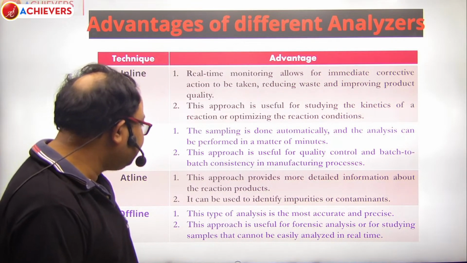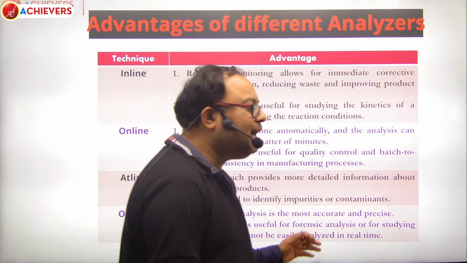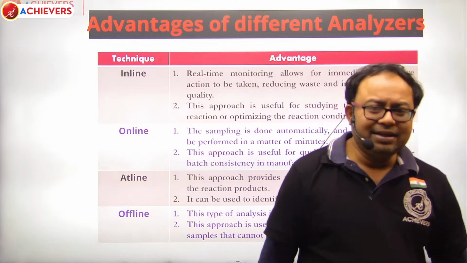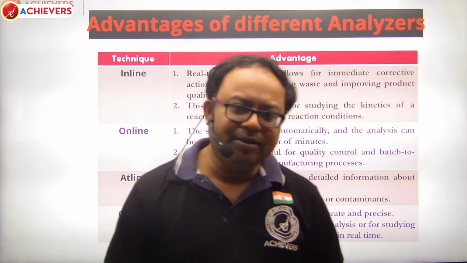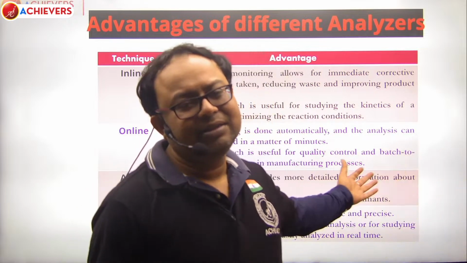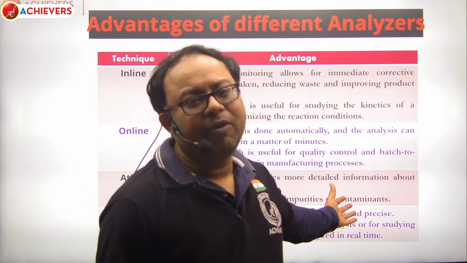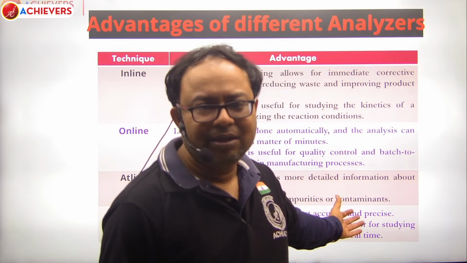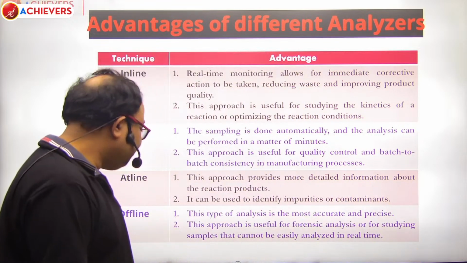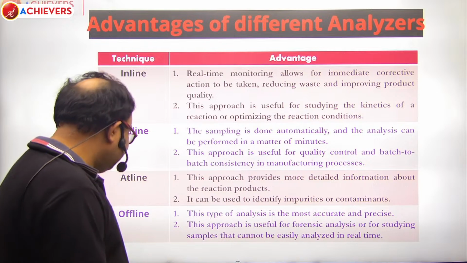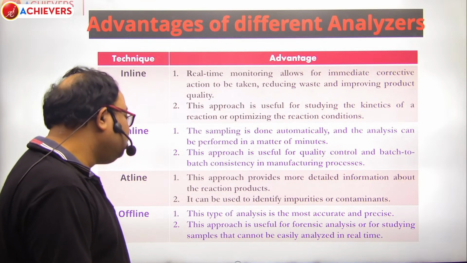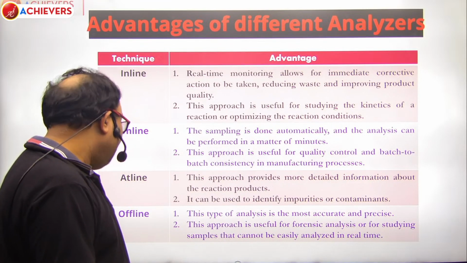This type of analysis is the most accurate and precise analysis. It's there in the laboratory setting, and we have already declared that this is meant for precision and accuracy.